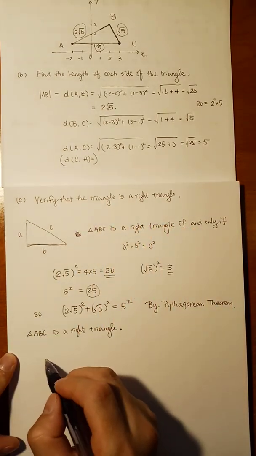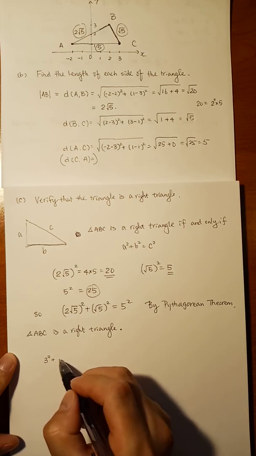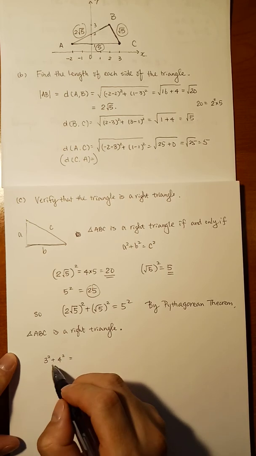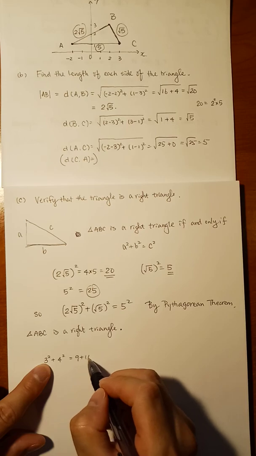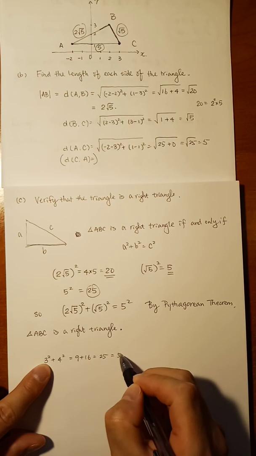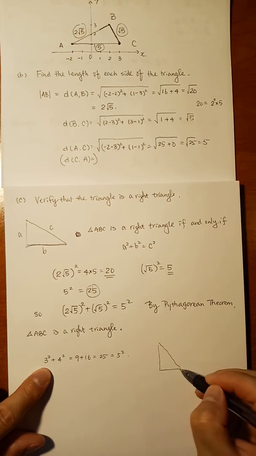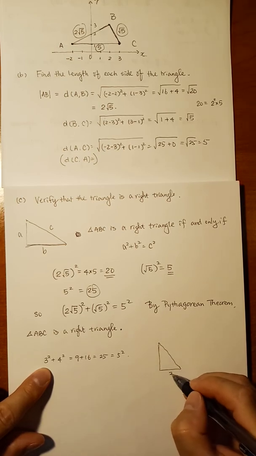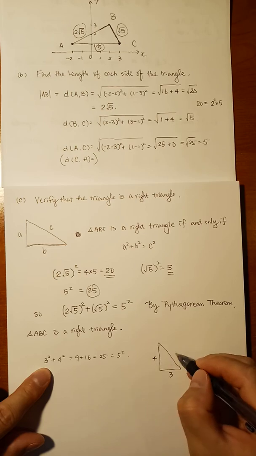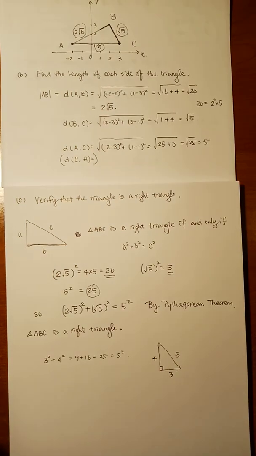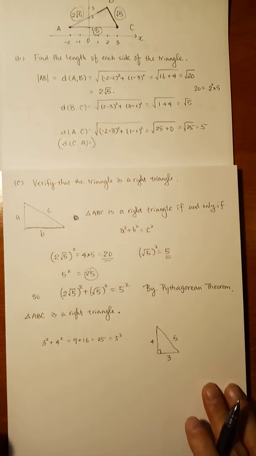Let's see this. If we have 3 squared plus 4 squared, what is this? It's 9 plus 16, which is 25, equal to 5 squared. So we know that the triangle with sides 3, 4, 5 is a right triangle. This is definitely a right triangle.